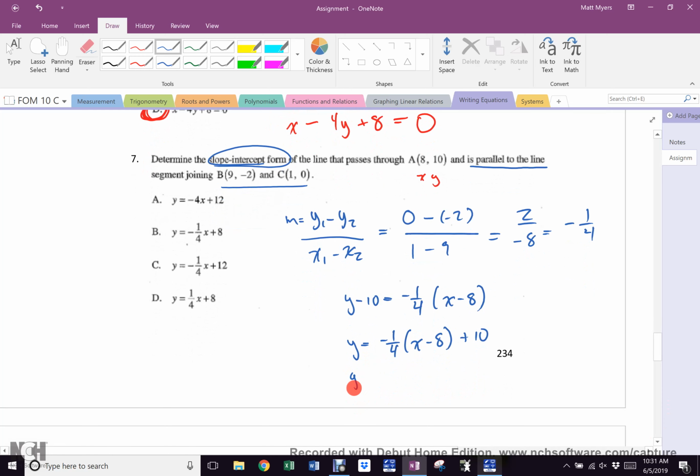Get rid of the brackets. Y equals negative 1/4 x. What's negative times a negative? Positive. And what's a quarter of 8? Quarter of 8 is 2. Plus 2 plus 10. What's 2 plus 10? 12. Y equals negative 1/4 x plus 12. C.